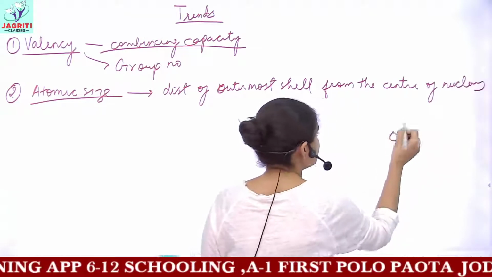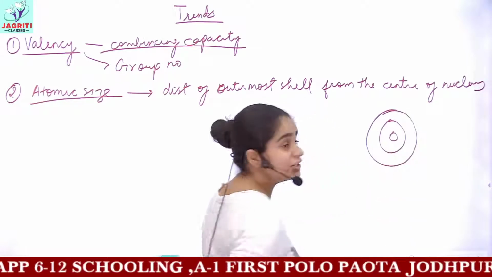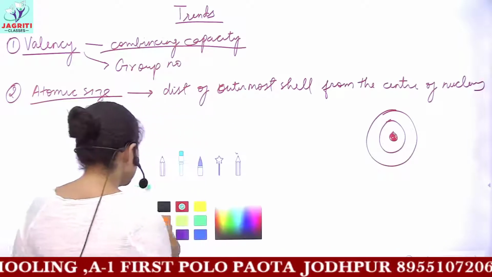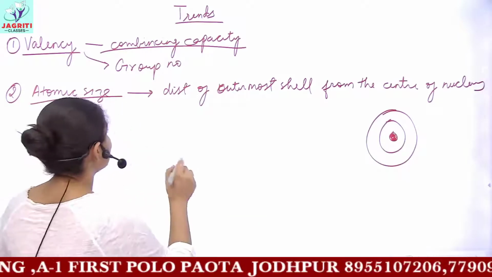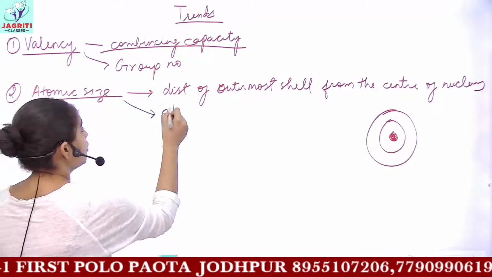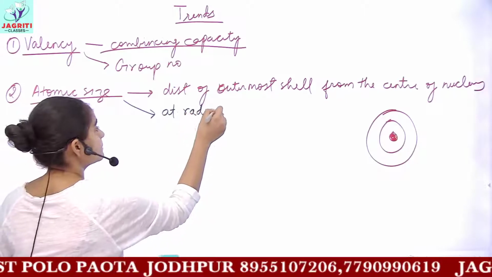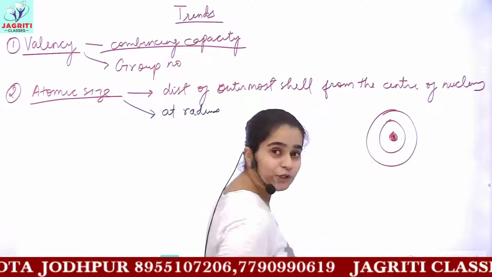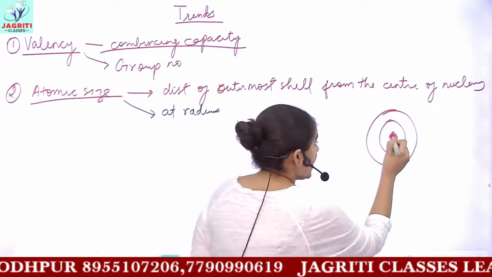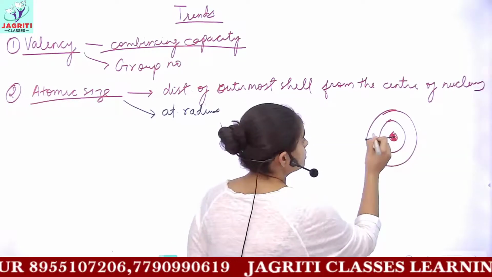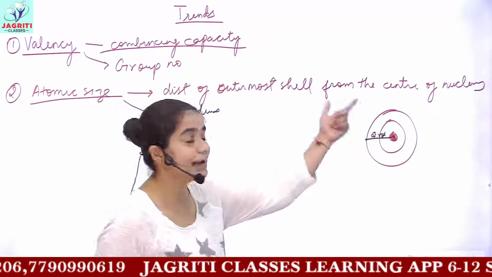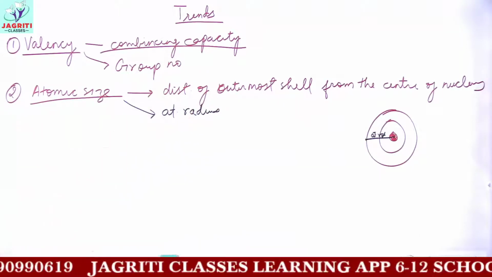Atomic size means, if you have K and L shell and this is your nucleus, what would be the atomic size? Atomic size is given by the atomic radius. So atomic size would be the distance between the center point of your nucleus and the outermost shell. This would be your atomic radius and this tells me the atomic size of any atom.